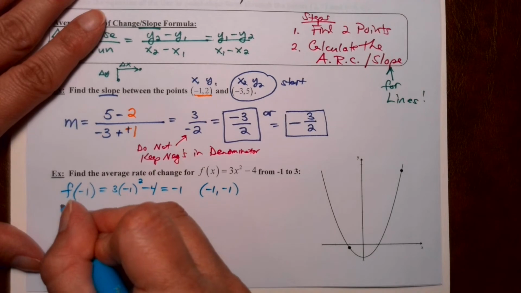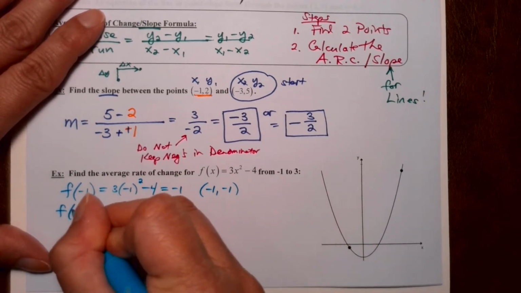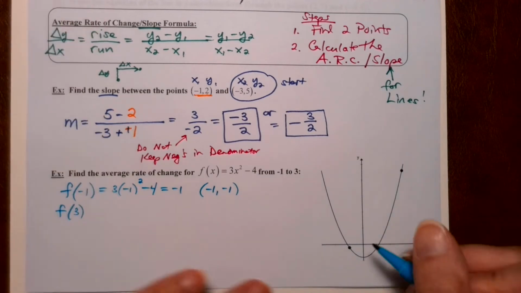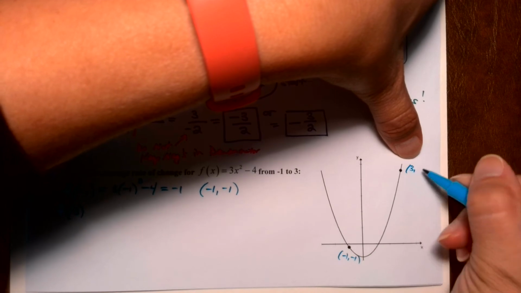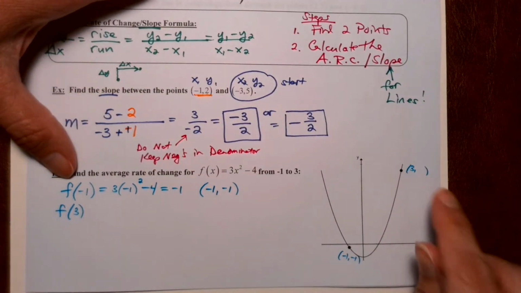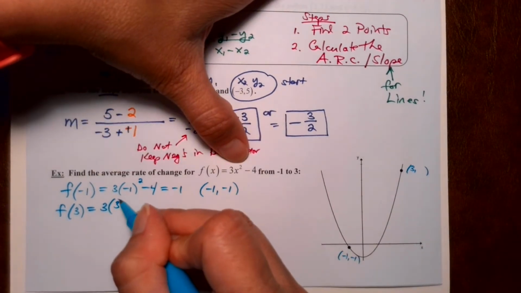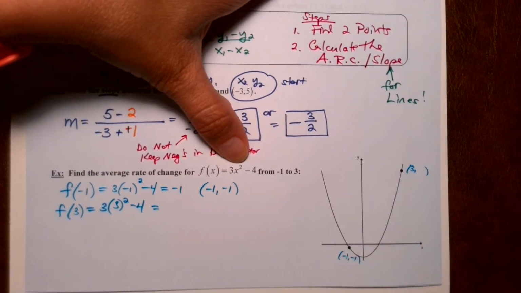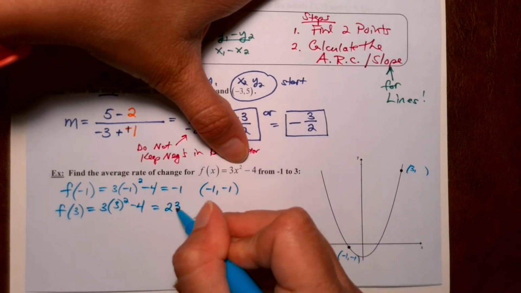Let's do it again, because it says from negative 1 to 3. So now I have to plug in 3. I just figured out the point negative 1, negative 1. Now I'm trying to figure out 3 comma what? So let's plug in a 3: 3 squared minus 4, and what does that give us? 27 minus 4 gives us 23.